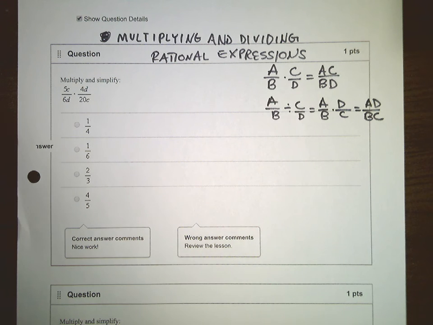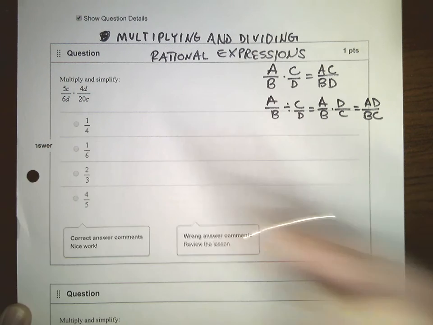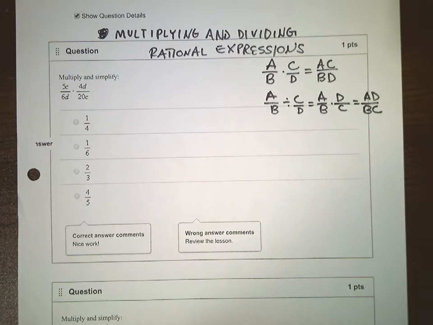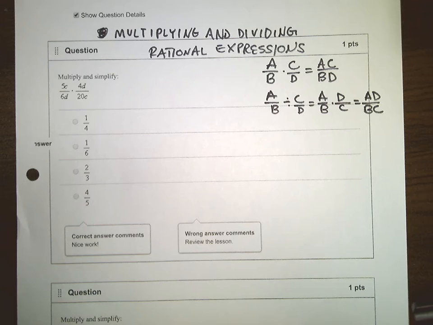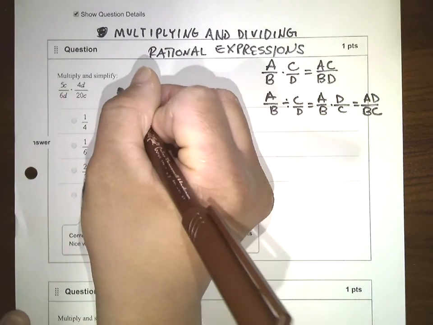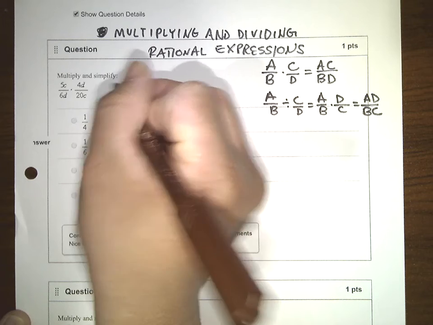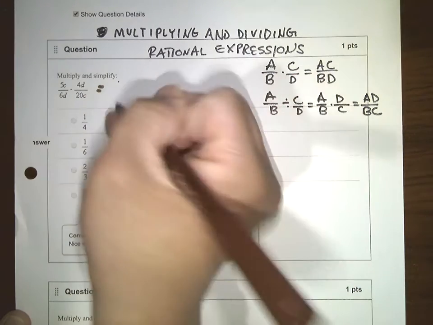So here we go. The first one is 5c over 6d times 4d over 20c. Before I go ahead and do this, I'll just rewrite it exactly using the rules here.